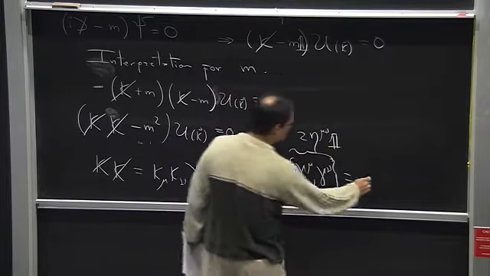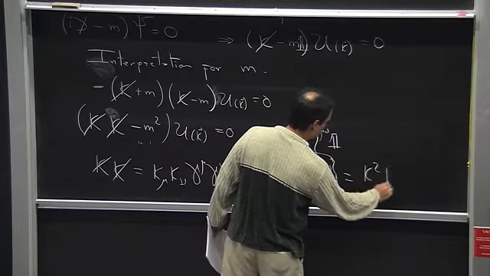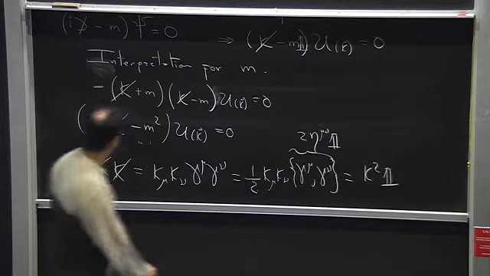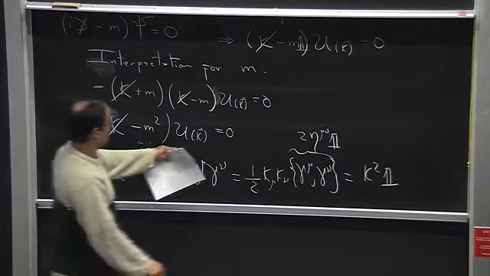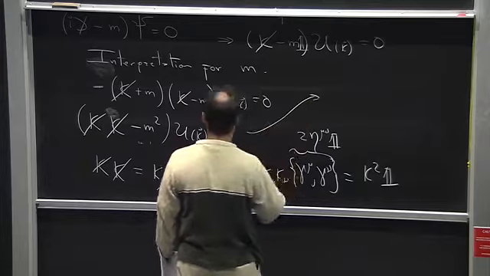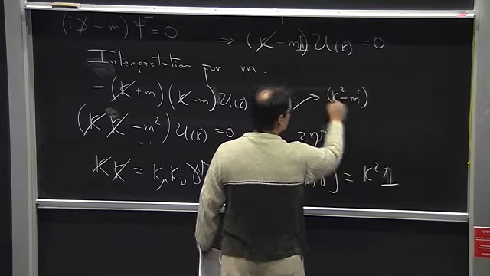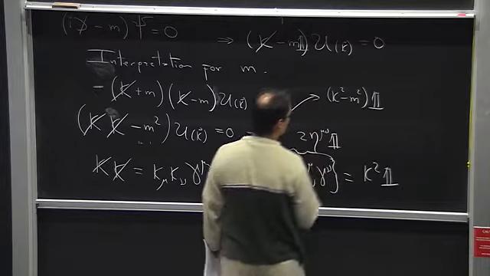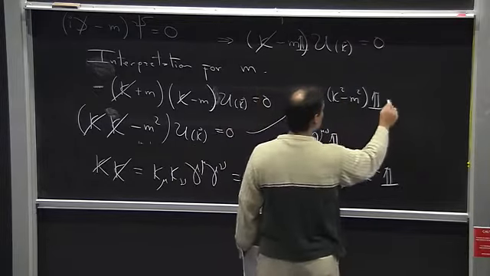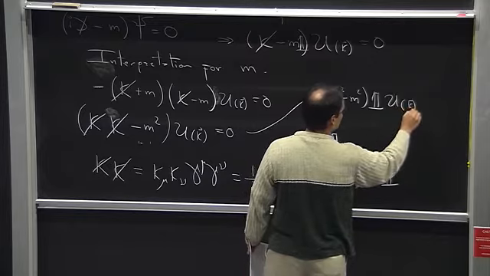So this thing is k squared times the identity. And therefore, this equation is the same as k squared minus m squared times the identity. Now this is a number, times u, has to be 0.